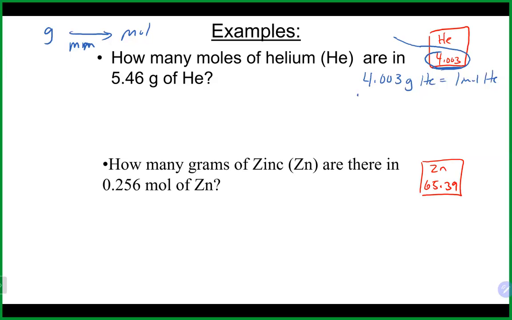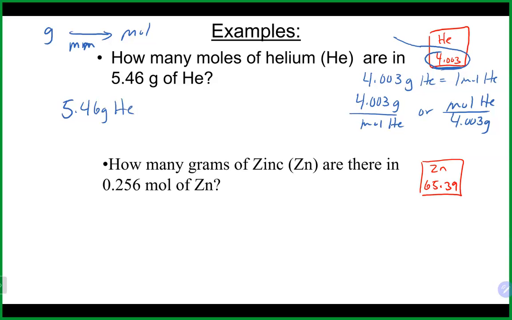That gives us a conversion factor of 4.003 grams per mole of helium, or moles of helium over 4.003 grams. Any questions on how we got those numbers? Again, it comes from the periodic table. So here we are starting with 5.46 grams of helium, and it just becomes a conversion factor at this point.